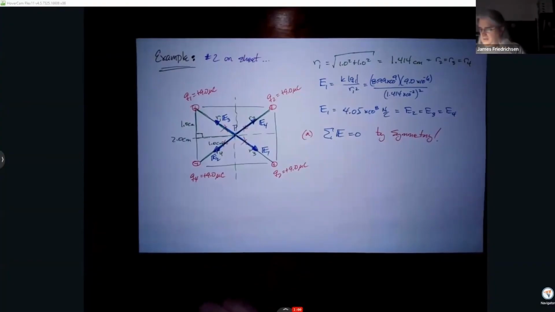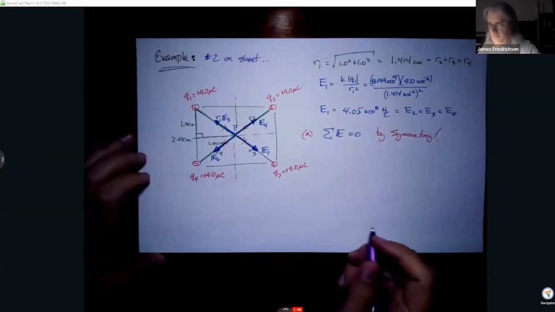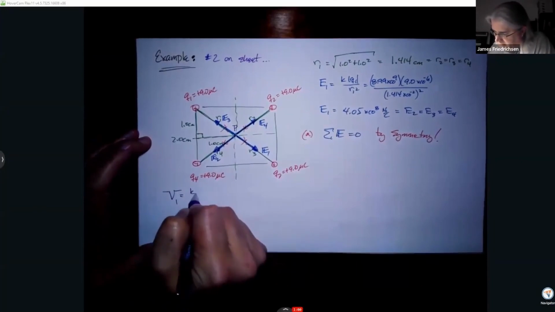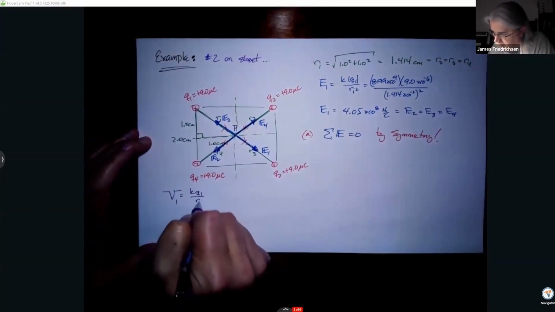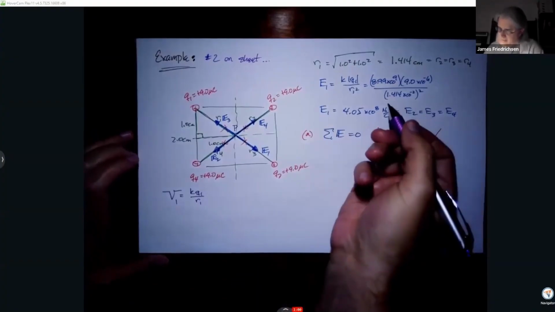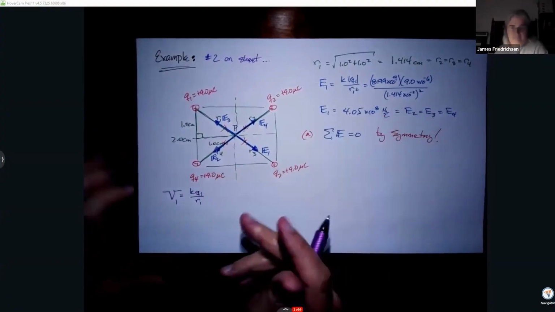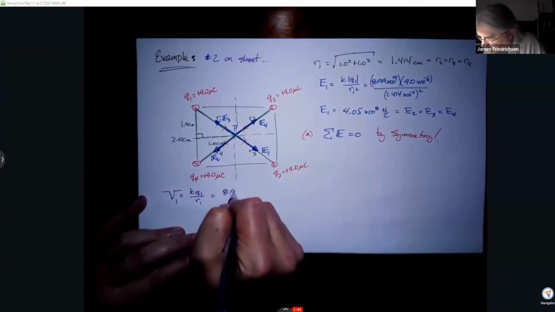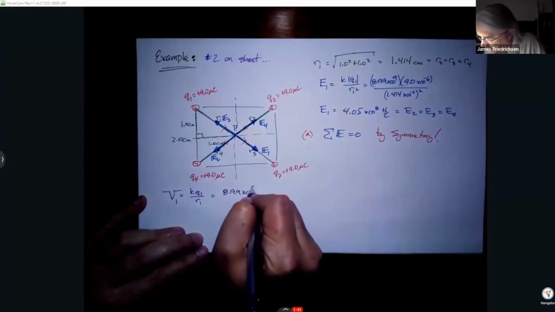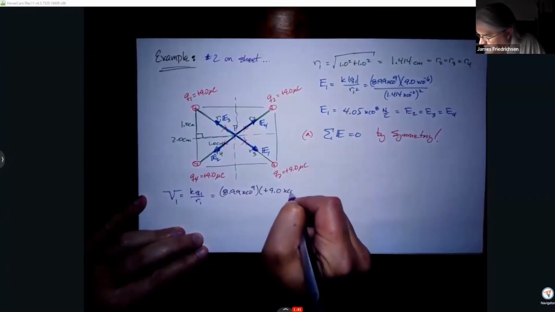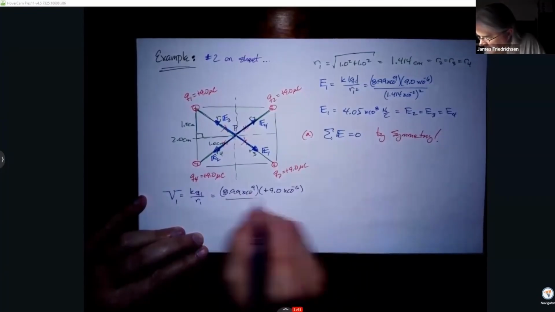All right. Well, then what about the potential? With our potential, this is going to be K times Q1 over R1. But again, all the Q's are the same, all the R's are the same. So let's evaluate this. This is our 8.99 times 10 to the 9th times 9.0 micro, which is 10 to the minus 6.